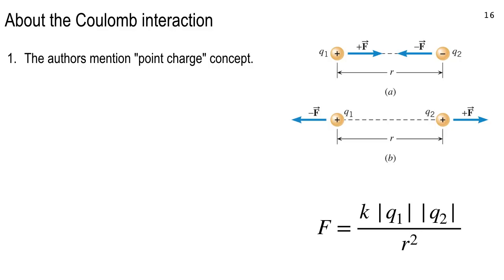Now, if they're oppositely charged, the top diagram, then you have attraction. So the two force vectors are toward each other. But if you have negative and negative, or positive and positive, that's image B. They point away from each other.